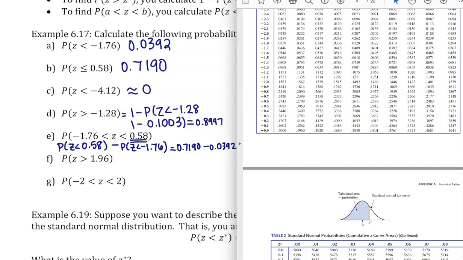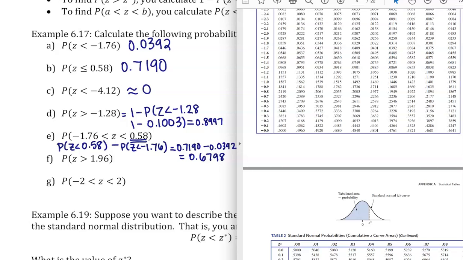And so we'll subtract those two probabilities to get the answer. One thing that students do often on these is they subtract first, and then their answers end up being really weird. You get the two probabilities from the table and then subtract.